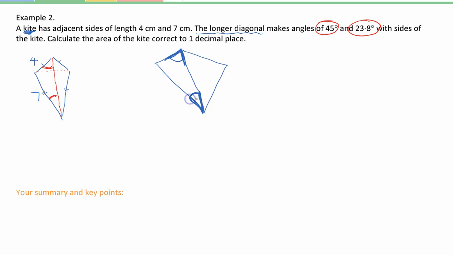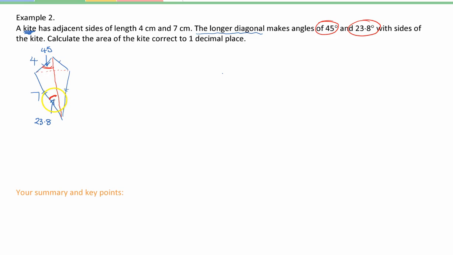This is a sharper angle. And coming back to our original diagram, we can see hopefully now that the bigger angle is going to be at the top. So this is going to be our 45. And this one is going to be our sharper angle, and it's going to be 23.8.